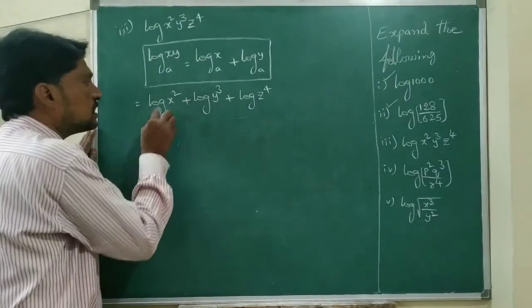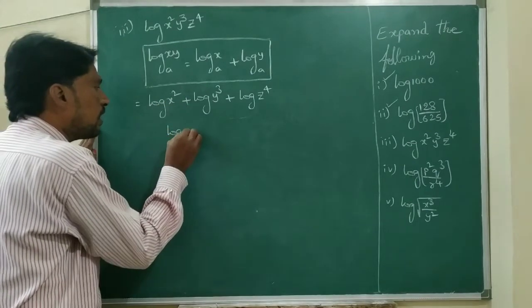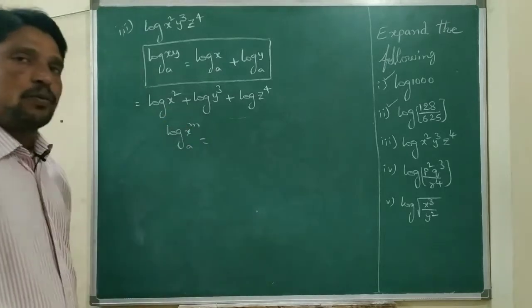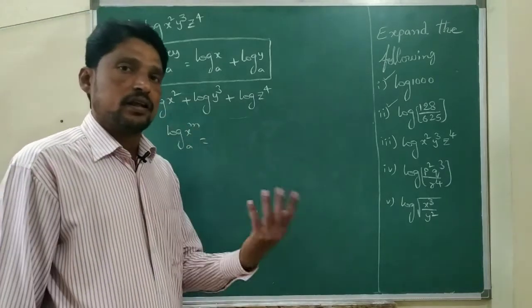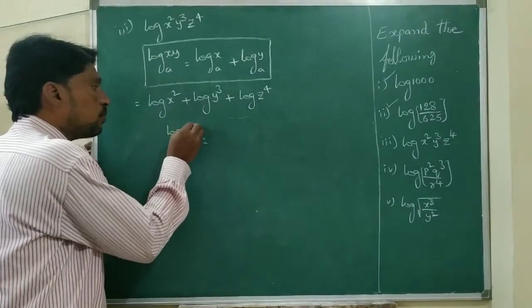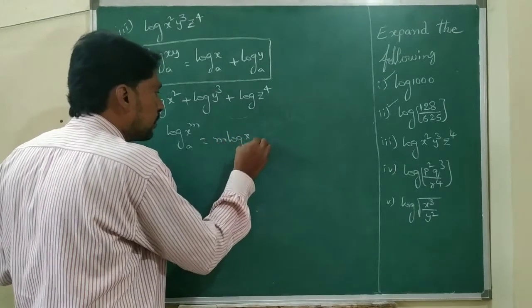Each term is of the form log x power n to the base a. Here the base is invisible, meaning we are taking it as 10, as you already know. So the power rule: log x power m to the base a equals m log x to the base a.